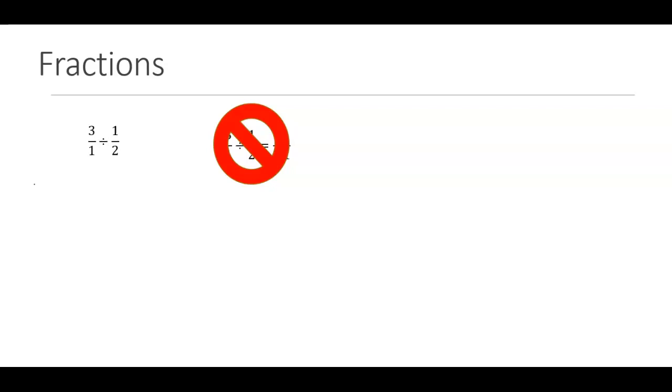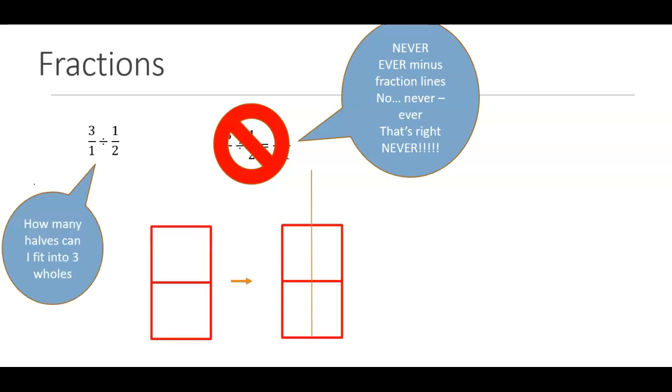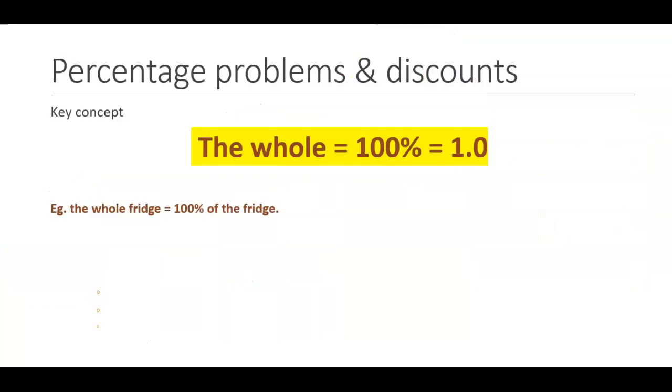It is, how many halves can I fit into 3? I get 2 halves for each whole, so therefore 6 is the answer. So get them to think about that. There's another 2 lots of half. Apologies for that. There's 6 of the halves showing. So there's 6 halves. Yep, 6 is the answer.